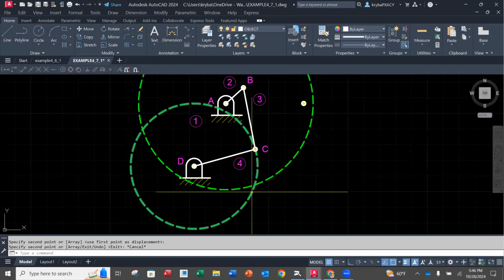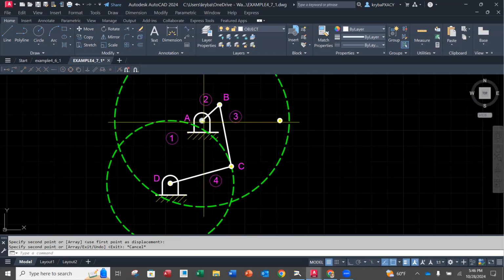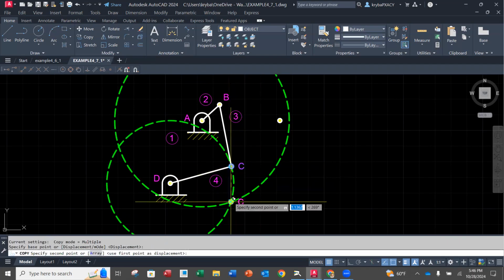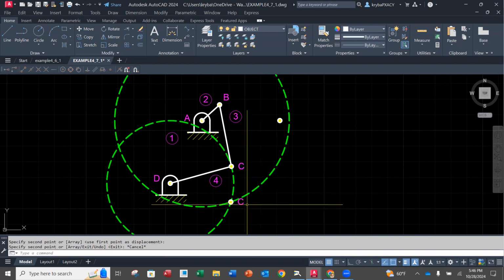So this is the path that our link 4, or our endpoint of C, is going to take. So where it intersects with our radius from A, when link 2 and link 3 are in line with one another, is going to be down here. So we're going to copy that joint and the designation of C, and we're going to put it down here.